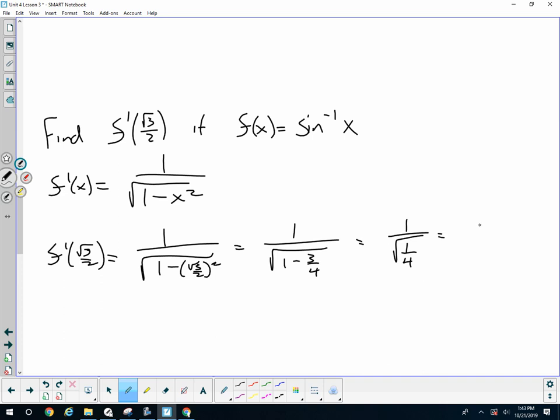Square root of 1/4 is square root of 1 over square root of 4, which is 1/2. So 1 over 1/2, final answer to this is 2. I think that's easy. Now, what's the alternate approach?